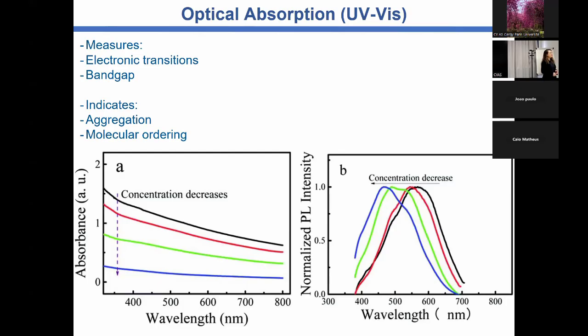We can see in this example here, we don't have any well-defined peak, but if you have this being the last transition, you can use the tangent of the lower energy and measure indirectly the band gap of the material.